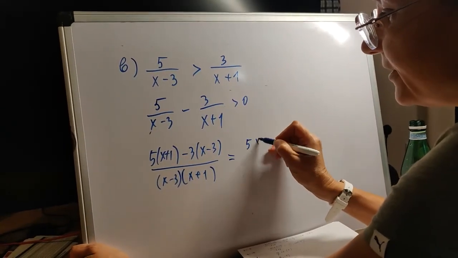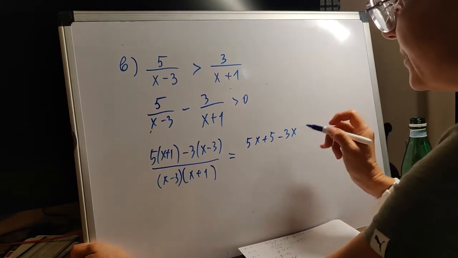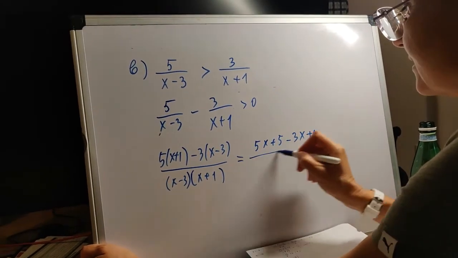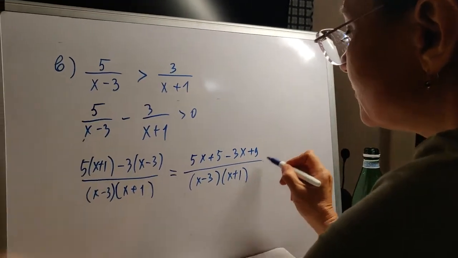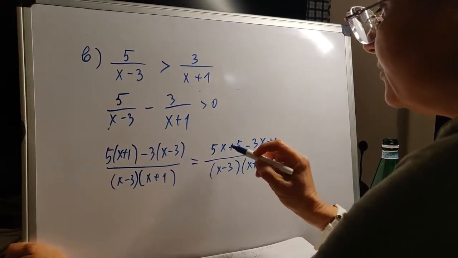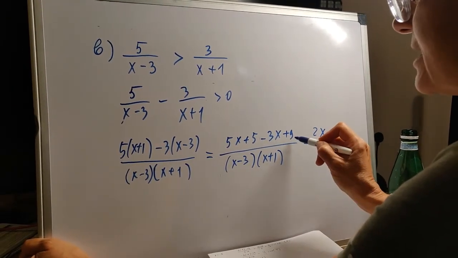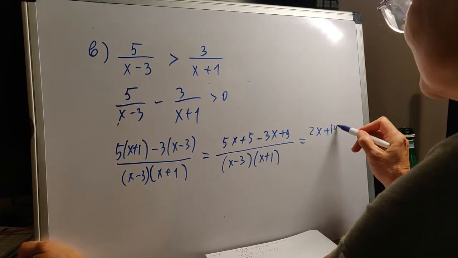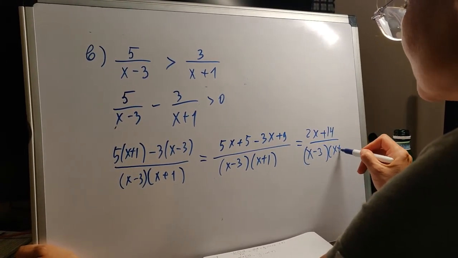So I have 5x plus 5 minus 3x minus 3 times minus 3, plus 9, divided over x minus 3 and x plus 1. I'm going to simplify my numerator, which is going to be 5x minus 3x, 2x, and plus 5 and plus 9, which is going to give me 14, over x minus 3 and x plus 1.